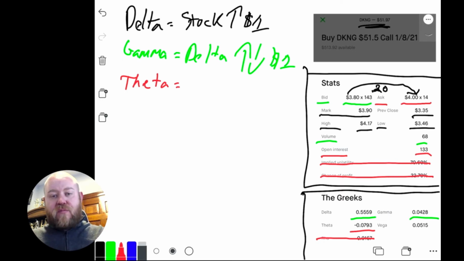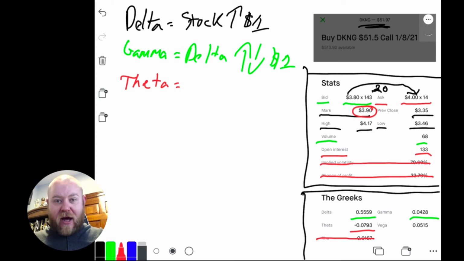So if we bought it for $3.90, or $390, every single day, even if the stock stays flat, it doesn't go up, doesn't go down, it stays $51.97 tomorrow, your premium is automatically going to go down by theta.